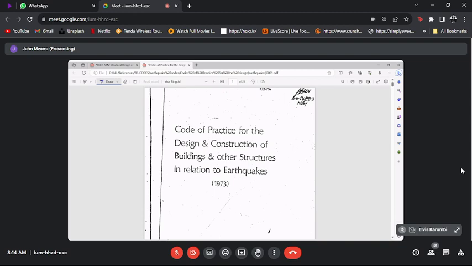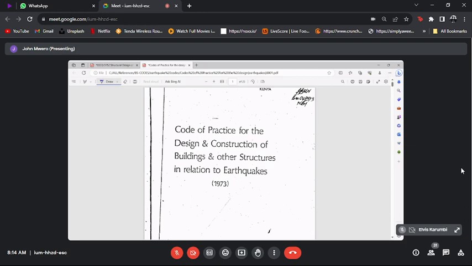Now, before we get started, I also want to mention that generally, design for earthquake forces is a very complex problem. Just like the analysis for wind on buildings, we say it's a very complex problem. So we do not have all the answers for earthquakes, just like we do not have all the answers for wind.